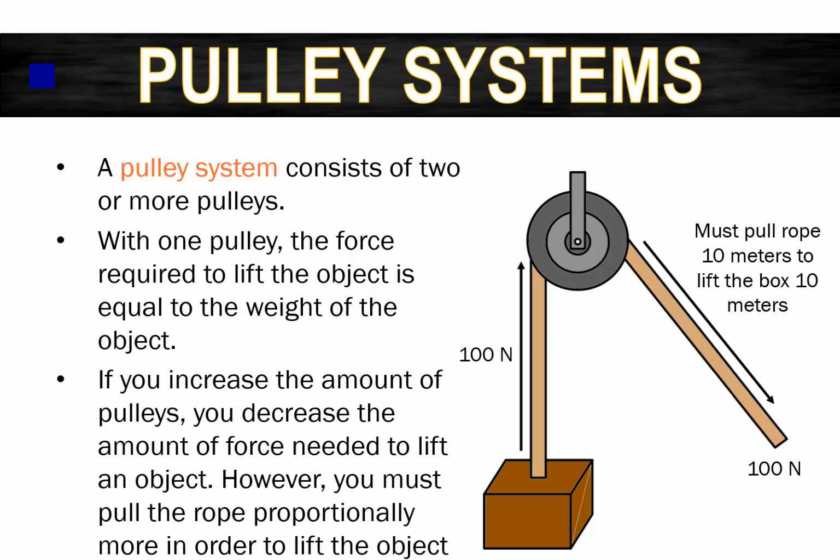However, you must pull the rope proportionally more in order to lift the object the same distance. This is the same thing that we talked about in an earlier video. If I'm going to decrease my force, then I'm going to have to pull the rope a longer distance. Okay? So on this, I have to pull the rope 10 meters to lift the box 10 meters.